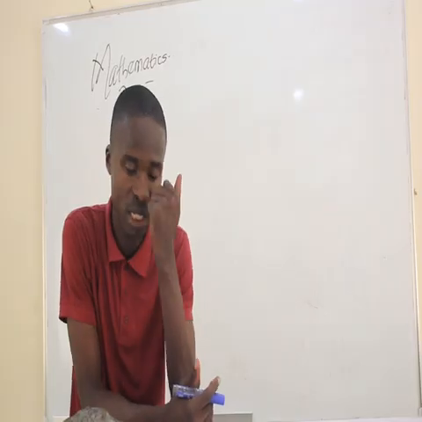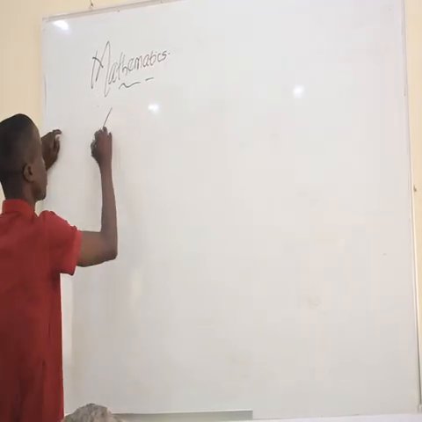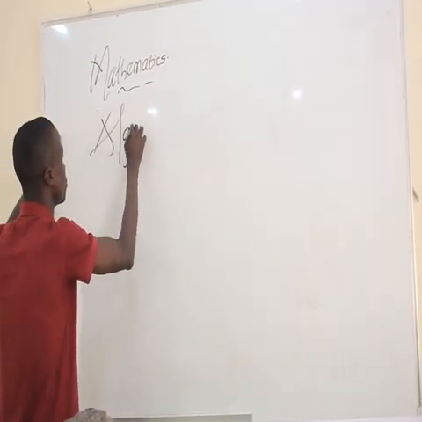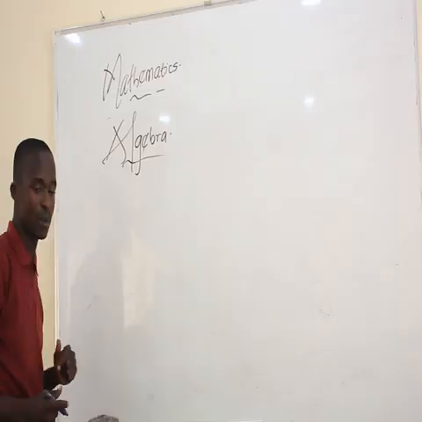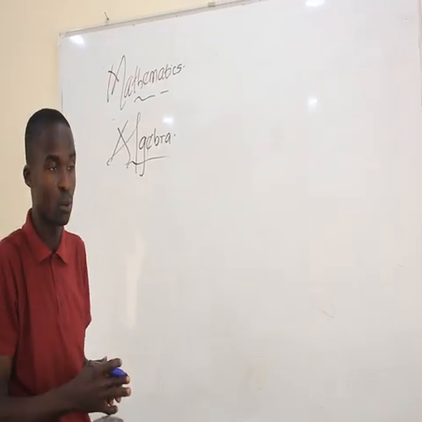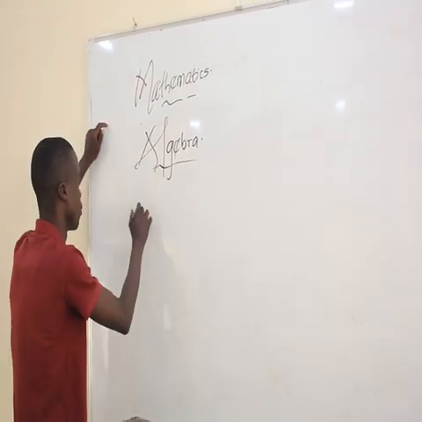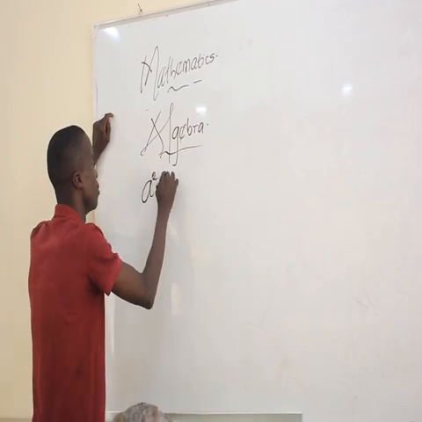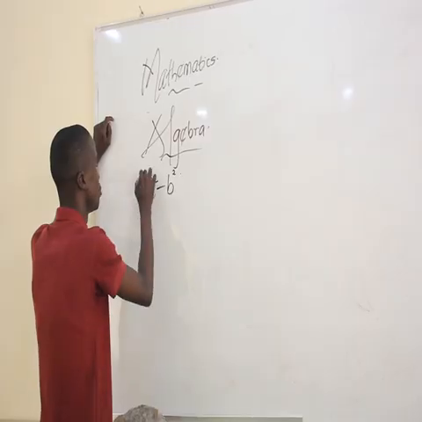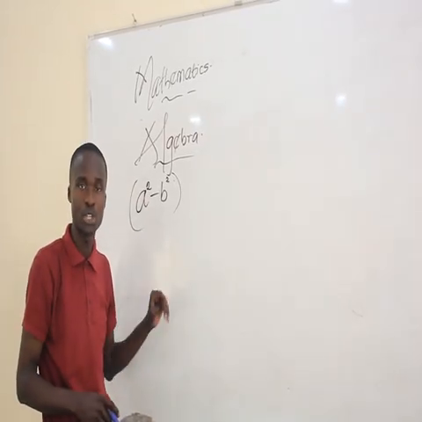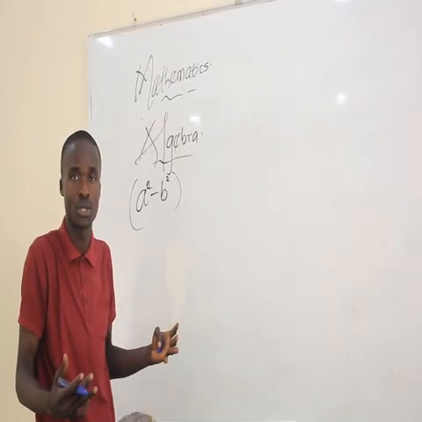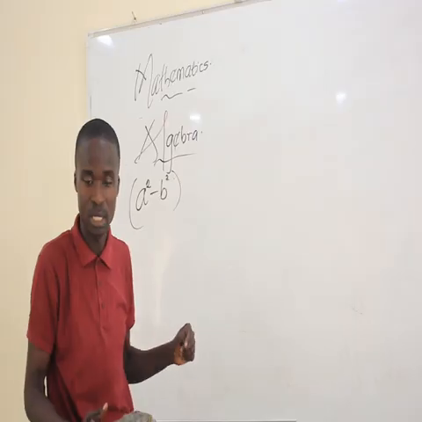What do I mean by quadratic equations? Under algebra, we have quadratic equations, and we have quadratic expressions. We have expressions like this. Now, this is a different expression. You can simplify this expression and make it simpler than this.